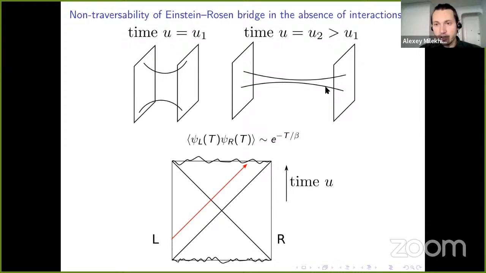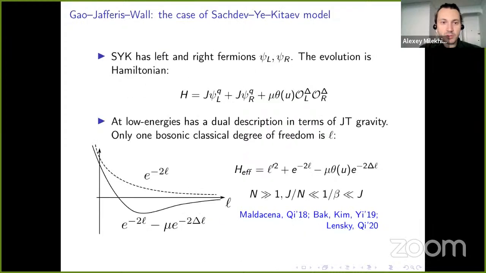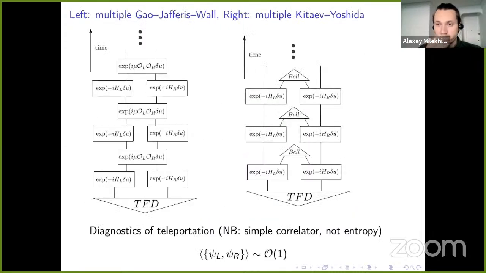Gravitational negative energy will slow down this expansion such that you can actually go inside the black hole horizon and then go outside on the other side, because the Einstein-Rosen bridge does not expand with the speed of light anymore. So the Gao-Jafferis-Wall interaction is only interesting from this perspective.